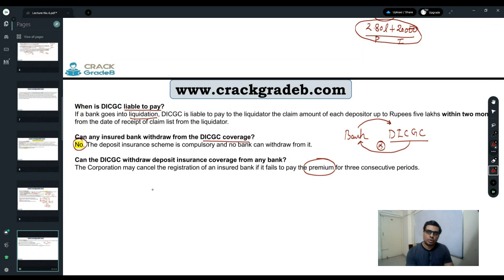And before doing that, DICGC is going to put a leading newspaper advertisement: we are going to withdraw our cover from this bank, right? So DICGC has this right, but generally it is not going to happen.